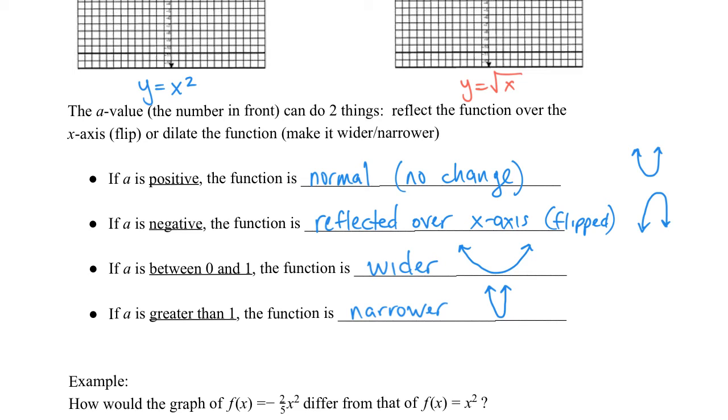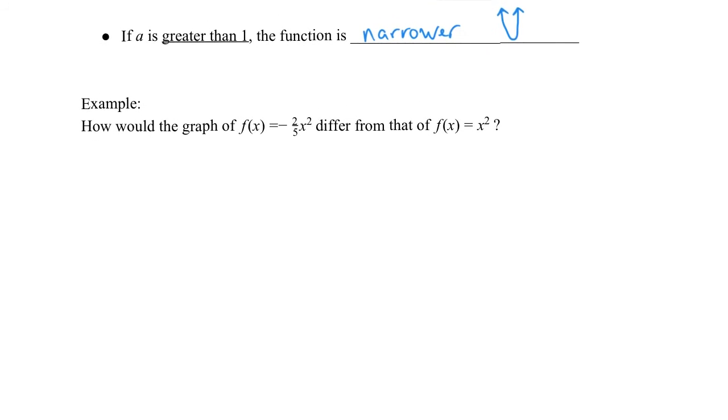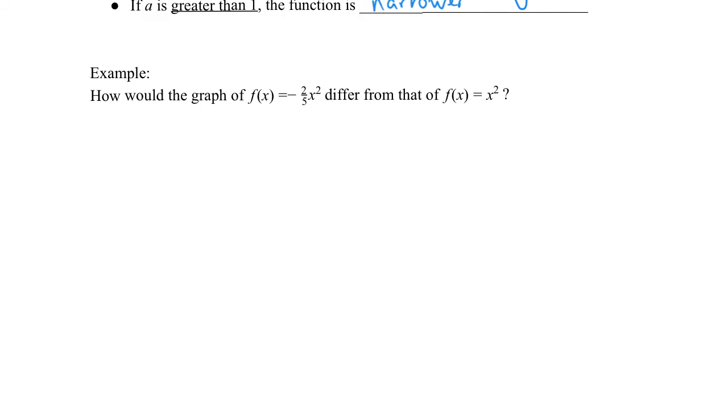So let's take a look at what this actually looks like in an example. How would the graph of f(x) equals negative 2/5 x squared differ from that of f(x) equals x squared? In other words, let's look at what's different. Well, this is different right here. A here is negative 2/5. So what does that do?